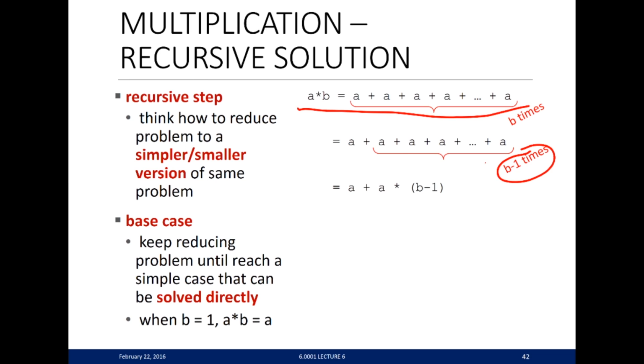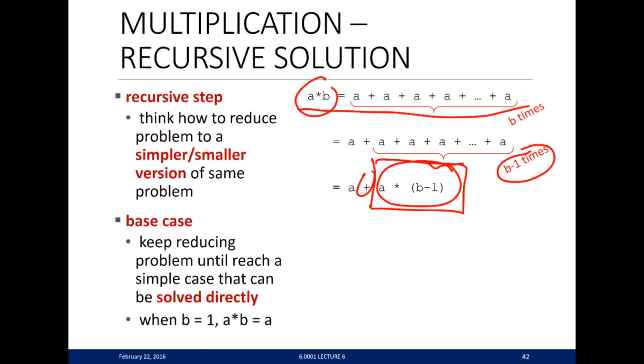It is, but it's an important point. Because what's this? That's just a multiplied by b minus 1. Ooh, that's cool. Because now I've taken a problem and I've reduced it to a simpler version of the same problem, plus an operation I know how to do.